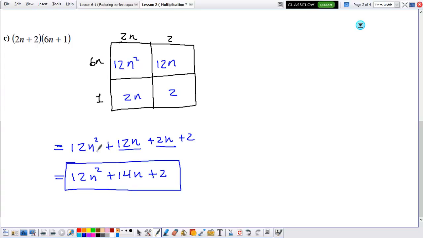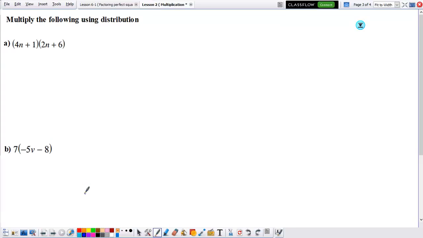These are some examples of the tabular method. There's also another way for you to multiply, and that is the distribution method, which some of you might know as just regular FOIL. Let's review two examples. How do we multiply expressions using the FOIL method? You get the first term, and you distribute it to every single term in the other expression.